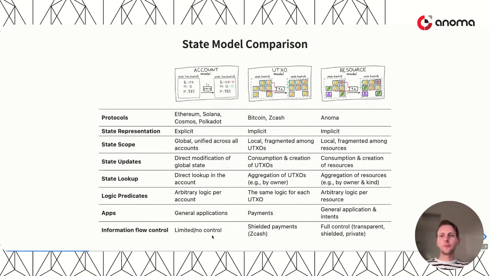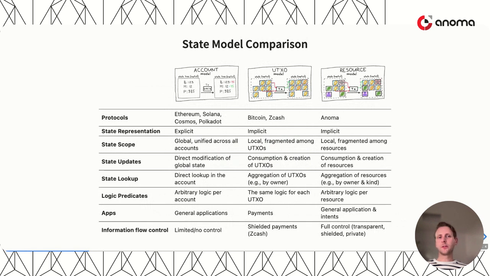Another important thing is information flow control. In the account model, state is global and everyone can see everyone's balance. So it's very limited, or you could also say you have no real control. In the case of Zcash, you can do shielded payments, which is already great. In the resource model that Anoma uses, you have full information flow control.